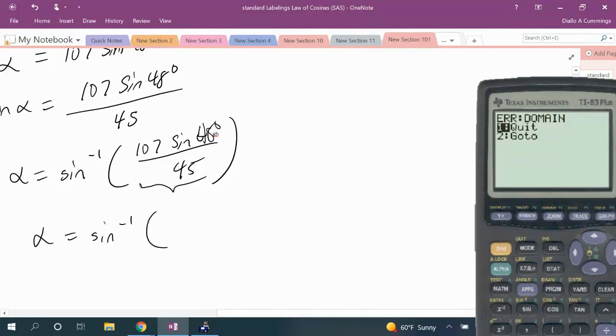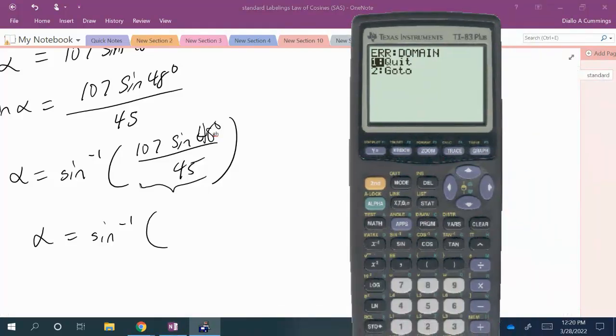So I'm actually going to take the innermost part of this and simplify it.